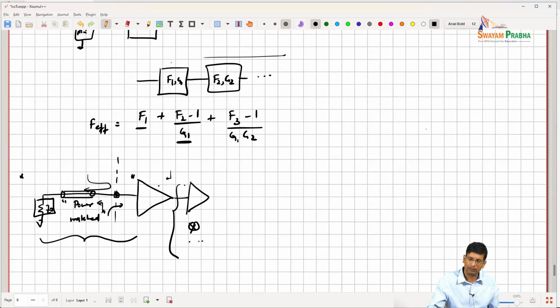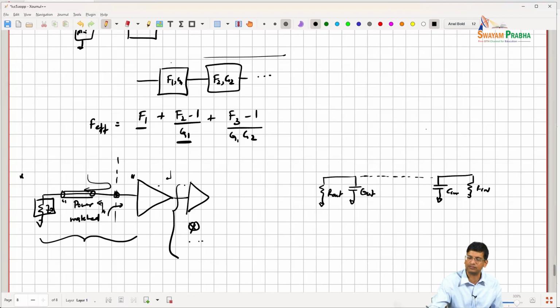Just as a simple bit of intuition, if at the LNA you have an output impedance R out, and let's say there is some C out over here, and the next stage is R in and C in, right? And let's say all I'm doing is I know that these wires are close together, and I'm just making an L that resonates out, right?